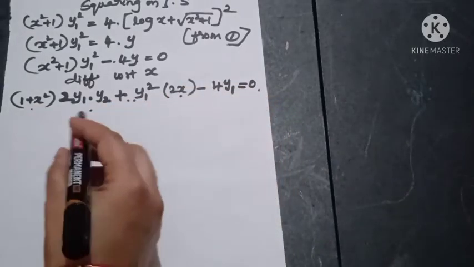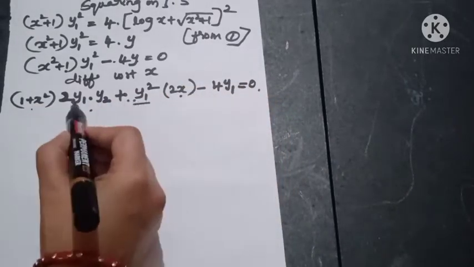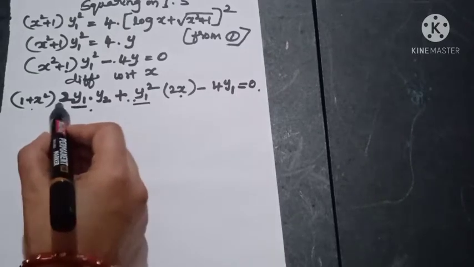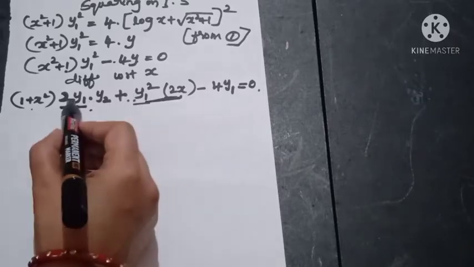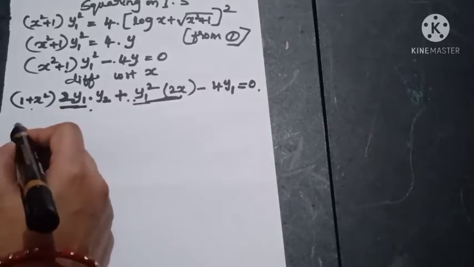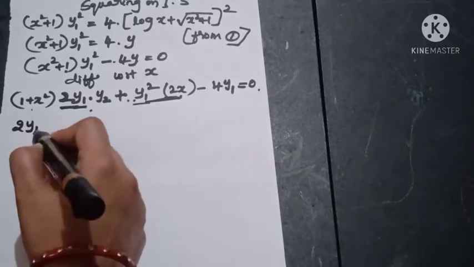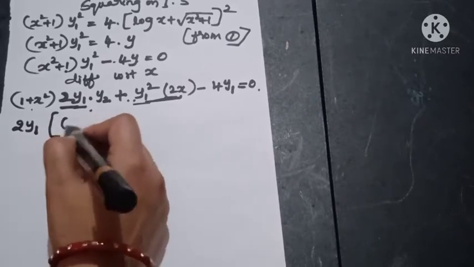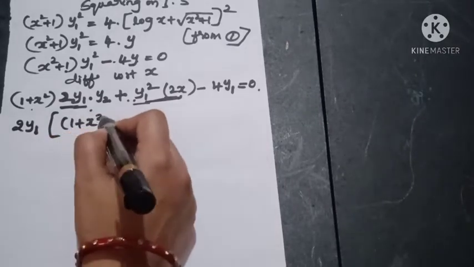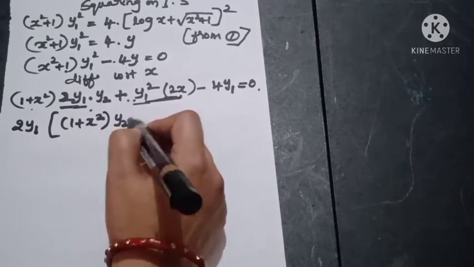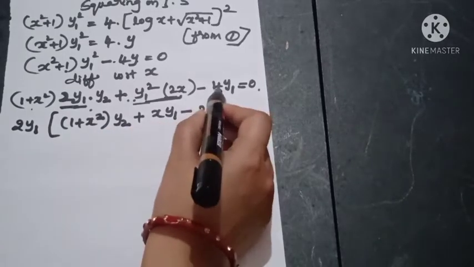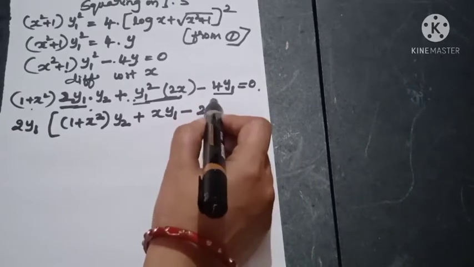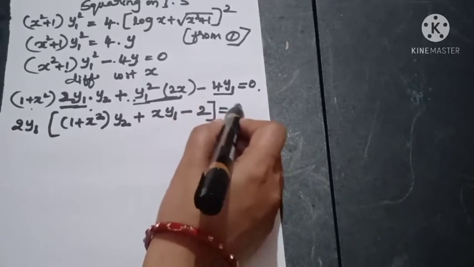So what we observe is we have this y1 term, 2y1 and 2y1 is common. I will take 2y1 as a common factor. The remaining is (1 plus x square) into y2 plus x into y1 minus, here also 2y1 is common, so minus 2 equals 0.